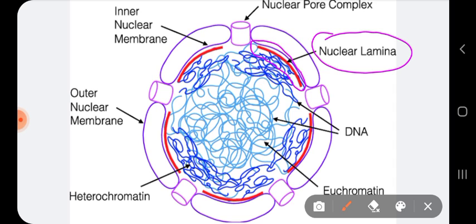Generally three types of lamins are observed here: lamin A, lamin B, and lamin C. These lamins that make up the nuclear lamina form dimer-like structures, and they have a rod-like domain with two globular heads at one end.